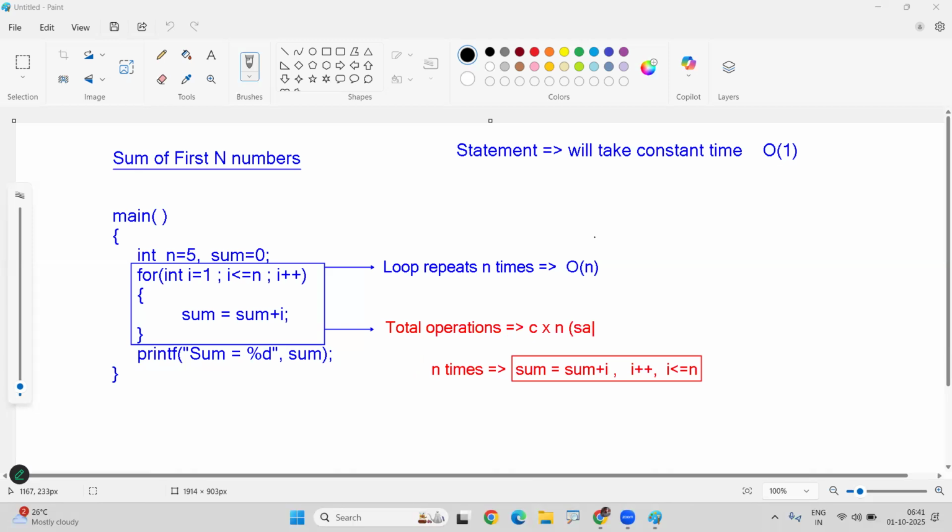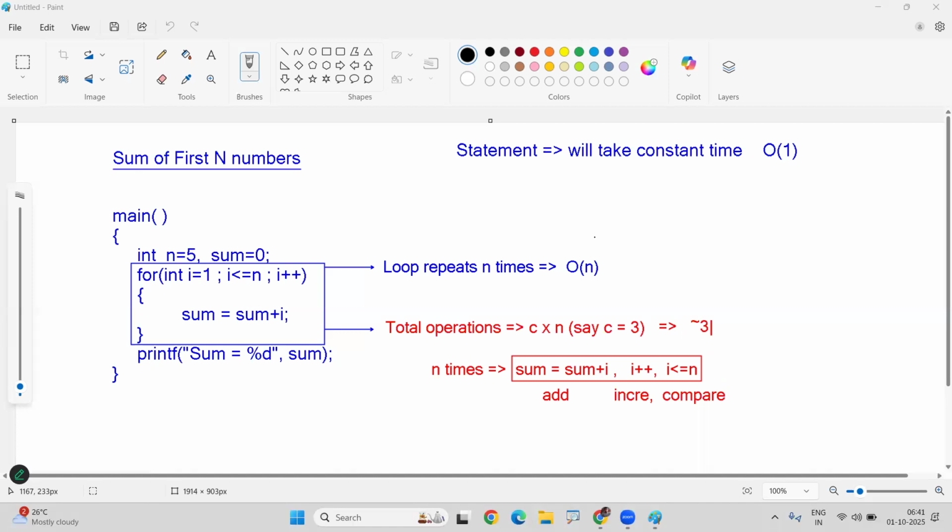Let's say the constant is 3: adding, incrementing, comparison. Yes or no? This is add, this is increment, and this is compare. So what is the tilde notation?